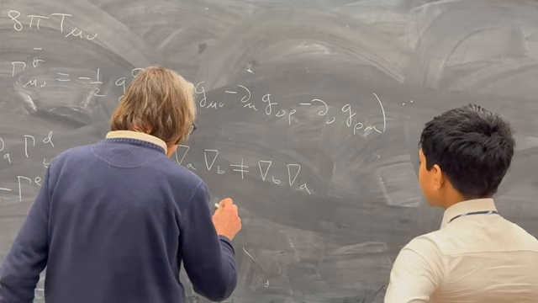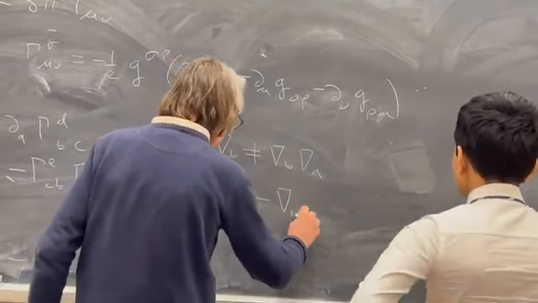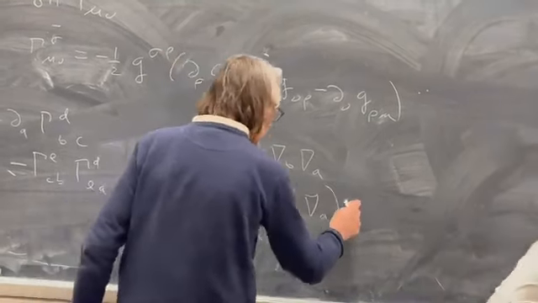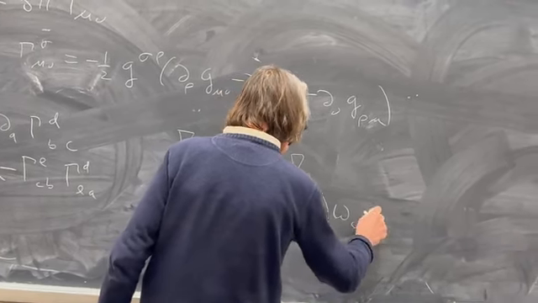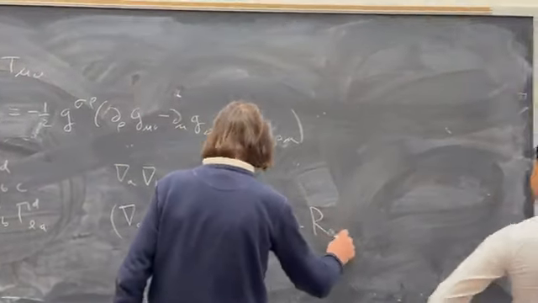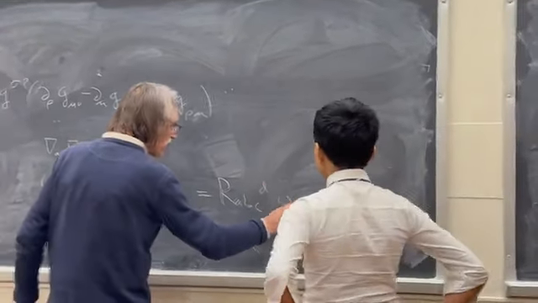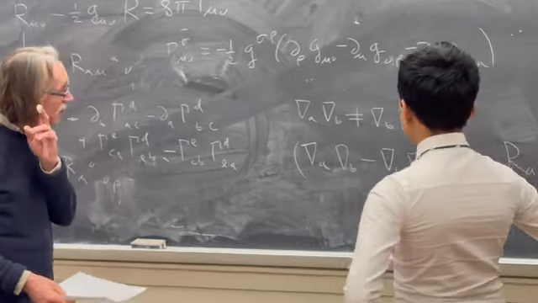If you look at these two, minus this one, and you act with this on a vector, say ω_c, then this is equal to R_abcd times ω_d. So that's the definition of the Riemann tensor.